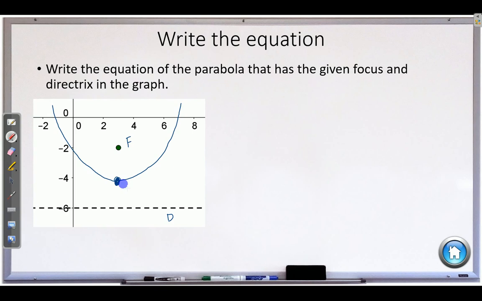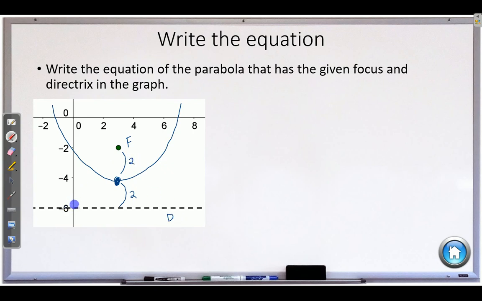And it is the same distance from the directrix as it is to the focus. Remember, the parabola is equidistant between the two. So we have a total distance from -2 all the way down to -6, which is a total distance of 4. Cut that in half. Each of these distances must be 2, and so it looks like I've drawn this pretty correctly.